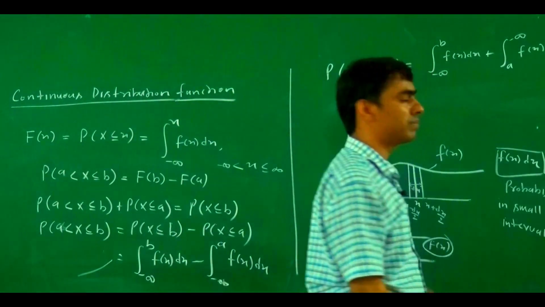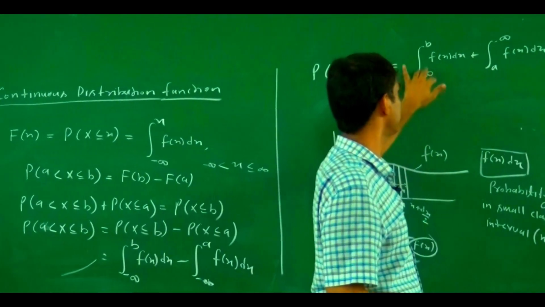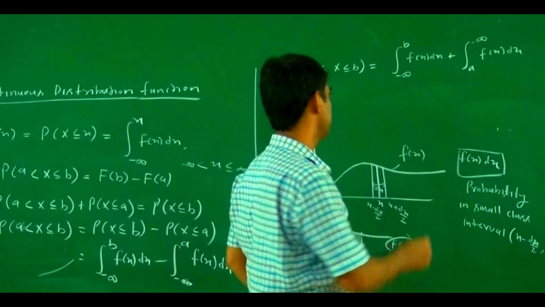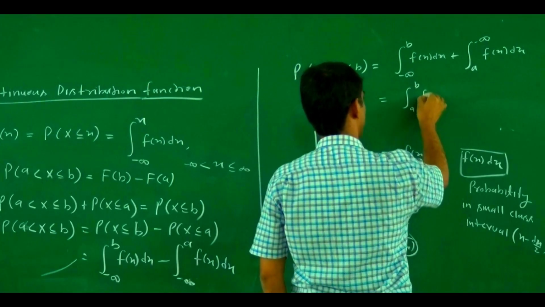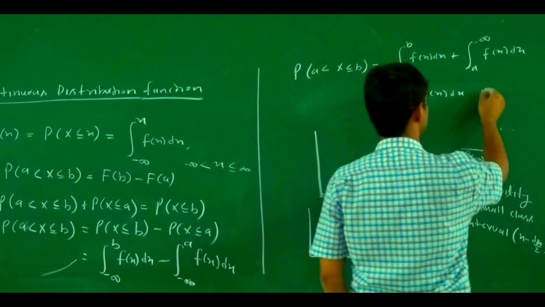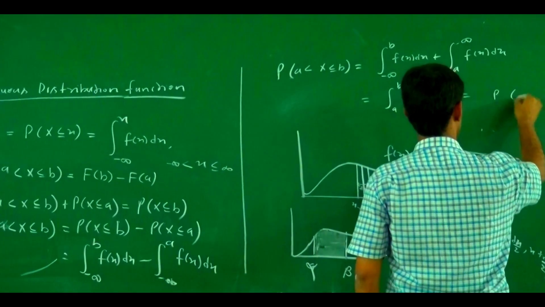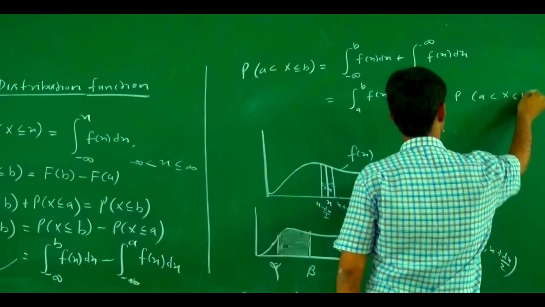Again using the property of a definite integral, this becomes the integral from a to b of f(x) dx. This is nothing else but the probability that X is greater than a and less than or equal to b.